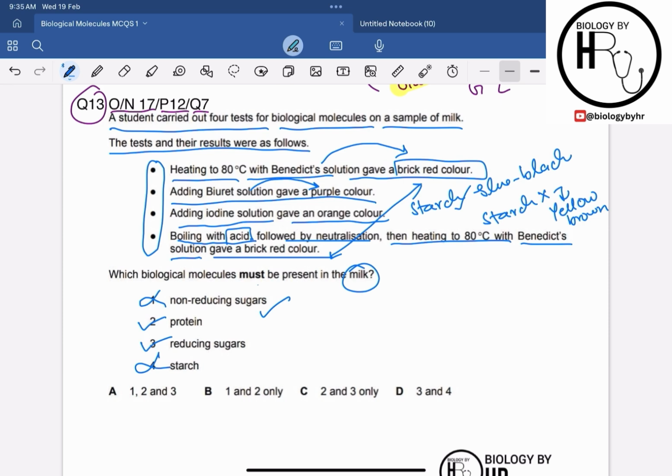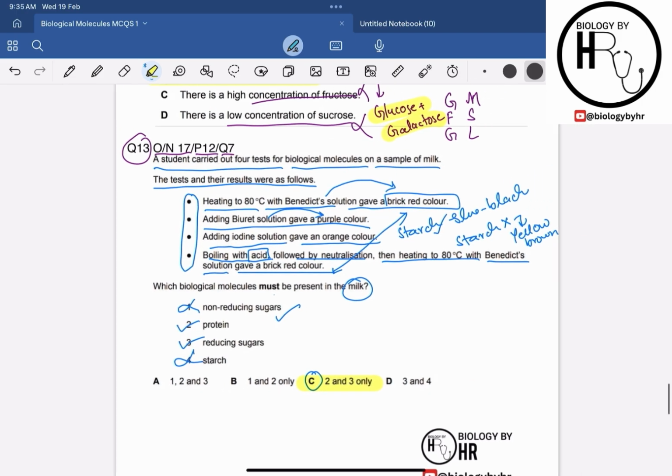A change in the concentration of the reducing sugars must be seen, and then the change in the color must be seen. But as the color change is just the same, it means that the non-reducing sugars are not present in the solution. Hence the correct answer for this MCQ must be option C, 2 and 3 only, that proteins and reducing sugars are only present in the solution of the milk, right?